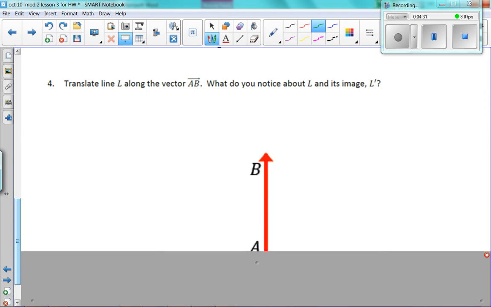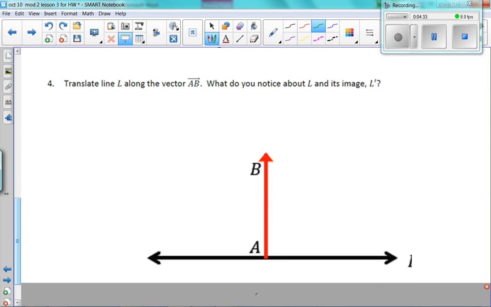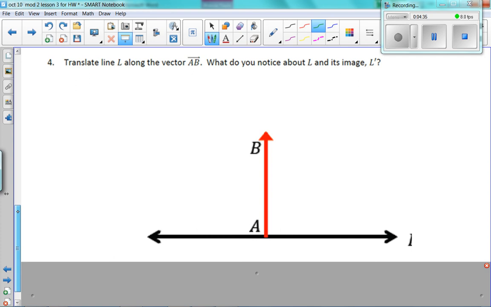And the last question says, translate line L along the vector AB. What do you notice about L and its image L prime? So if we translate L along the vector, it is going up from L. So we want to translate L up.